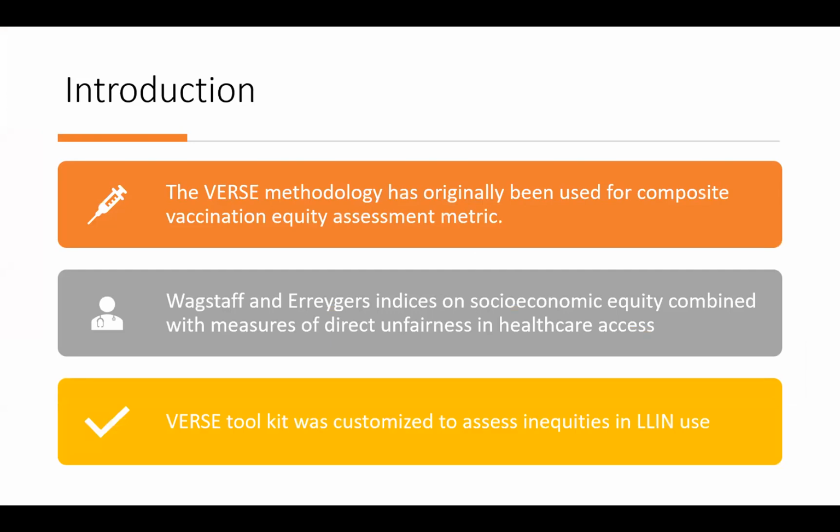As a way of introduction, this has already been introduced, but we know that the VERSE methodology was originally used for composite vaccination equity assessment metrics, which depended heavily on two indices: socio-economic equity combined with measures of direct unfairness in healthcare access.